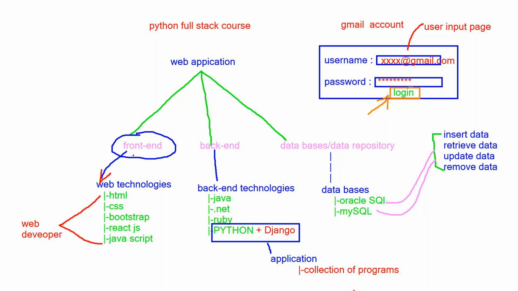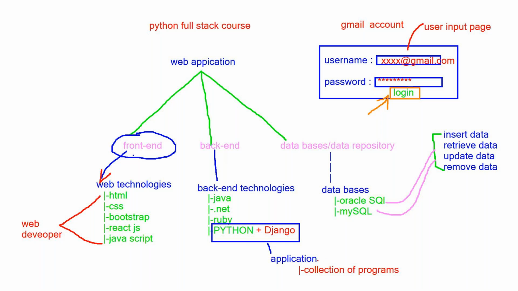For different programs, different inputs will be there in the front end, and there are different programs in the backend. Backend means it's an application, a Python application. How did we develop it? By using Python plus Django framework. That application is a collection of programs.